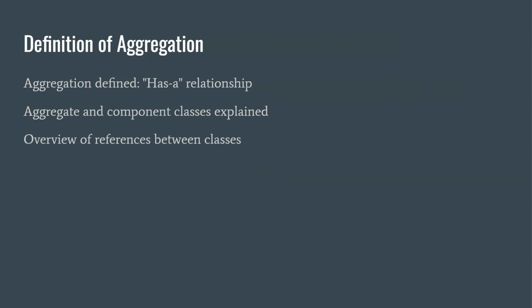This relationship is termed has-a, meaning that our aggregate object will have one or several instances of a component object. For example, we know that a library contains books. This relationship helps us manage complex relationships in software by breaking them down into simpler, manageable parts.